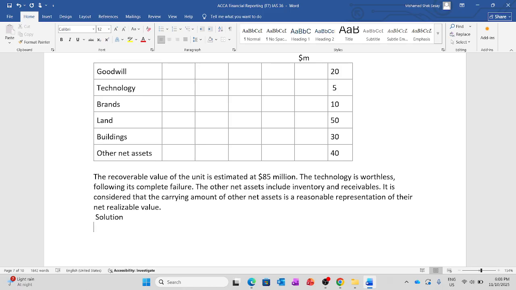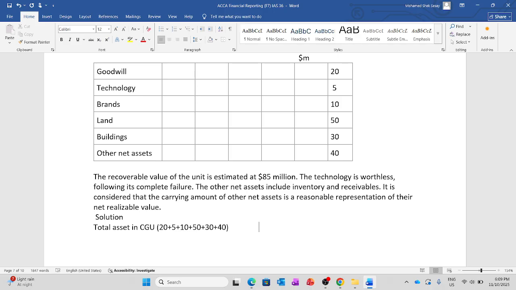So first of all, we need to calculate the total value of the assets, total assets in the CGU, which is 20 plus 5 plus 10 plus 50 plus 30 plus 40.